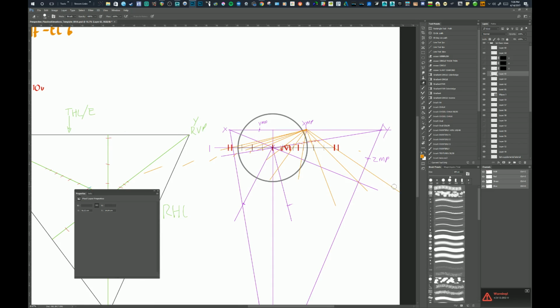But now we have our measuring points foreshortened from our floor plan and elevation.